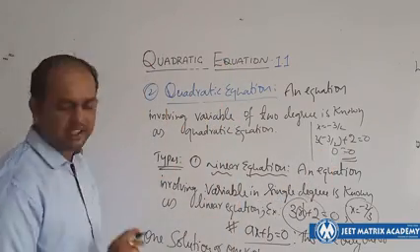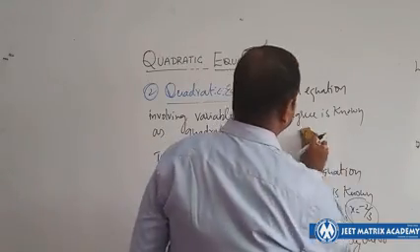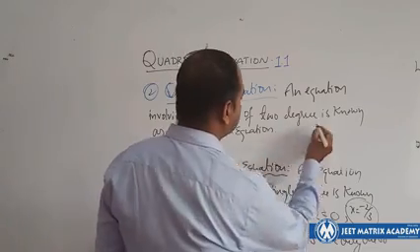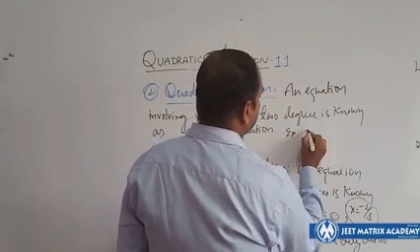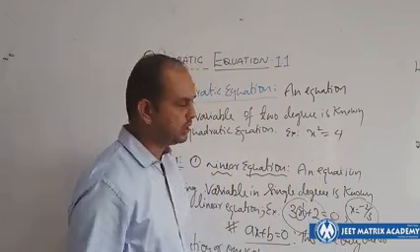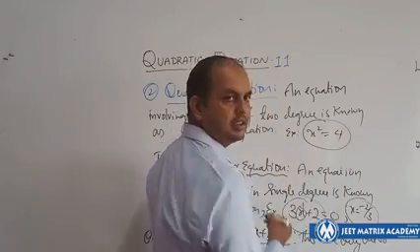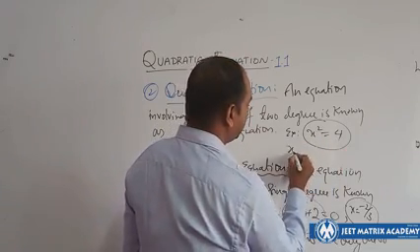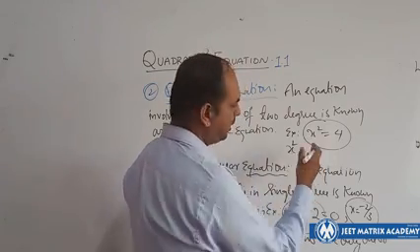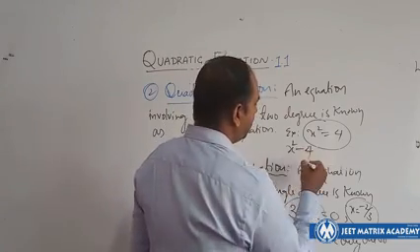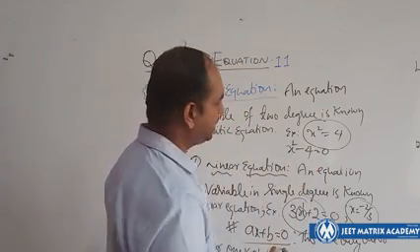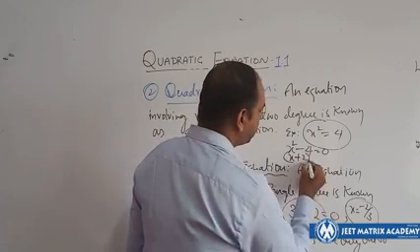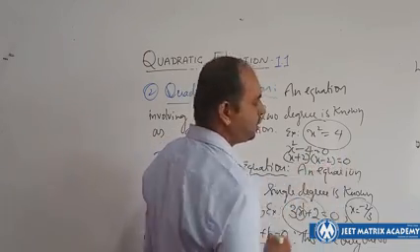But in case of a quadratic equation, a general example is x square equal to 4. How to solve this? Here the degree is 2. You can take the right side to the left, or you can directly take the square root. x square minus 4 equal to 0, which looks like a square minus b square, so x plus 2 times x minus 2 equal to 0.